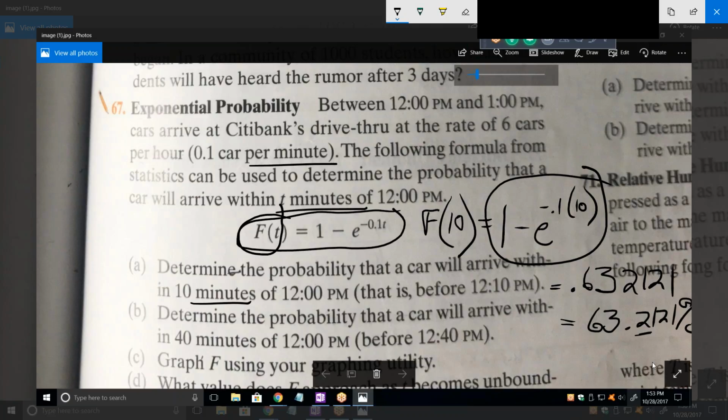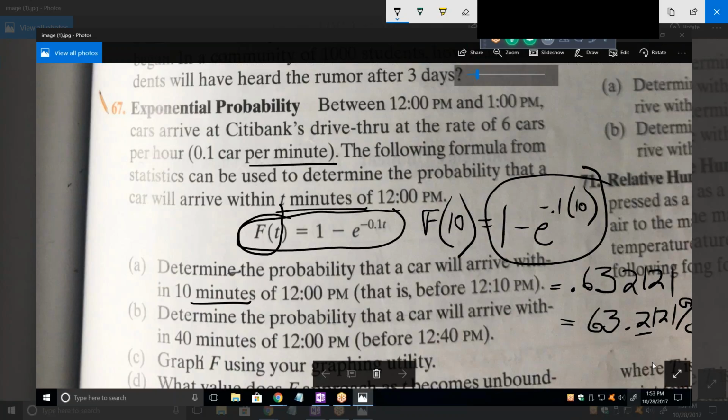So let's look at this problem. Let's just talk about it for a minute. What they're saying is that between 12 and 1, they're introducing you to calculus incidentally here. Between 12 and 1, we should get 6 cars per hour. So the probability that a car shows up in the first 10 minutes should be relatively high.